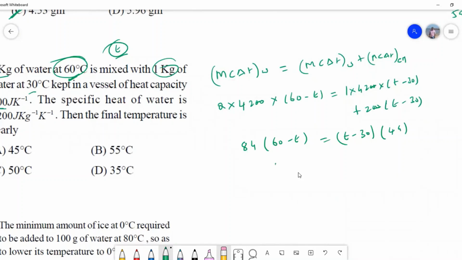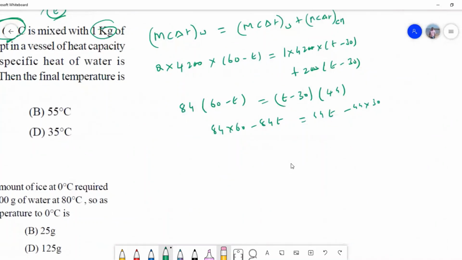So 84 into 60 minus 84T is equal to 44T minus 44 into 30. If I bring this to this side, this becomes 128T. So 128T is equal to 84 into 60 plus 44 into 30.